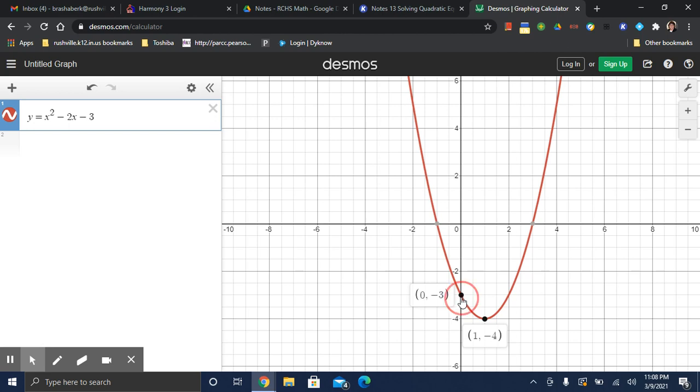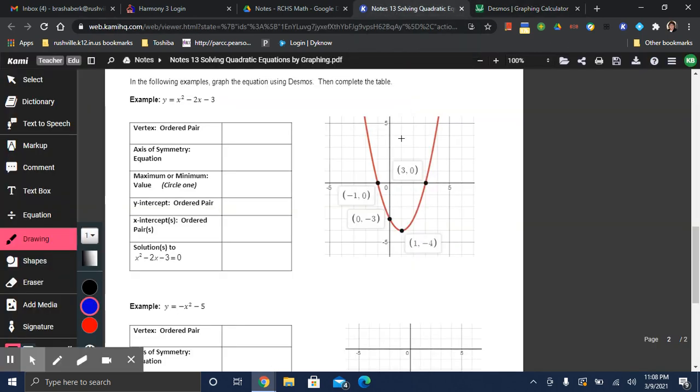So I'll just show you how clicking on them will make this show up. Notice that I have my 2 x-intercepts, I have a y-intercept showing up, and I have my vertex showing. Now I'm going to go back to the notes page because that's the picture that I copy and pasted for you on these notes. So this is what you would be looking at on Desmos after typing in this equation.